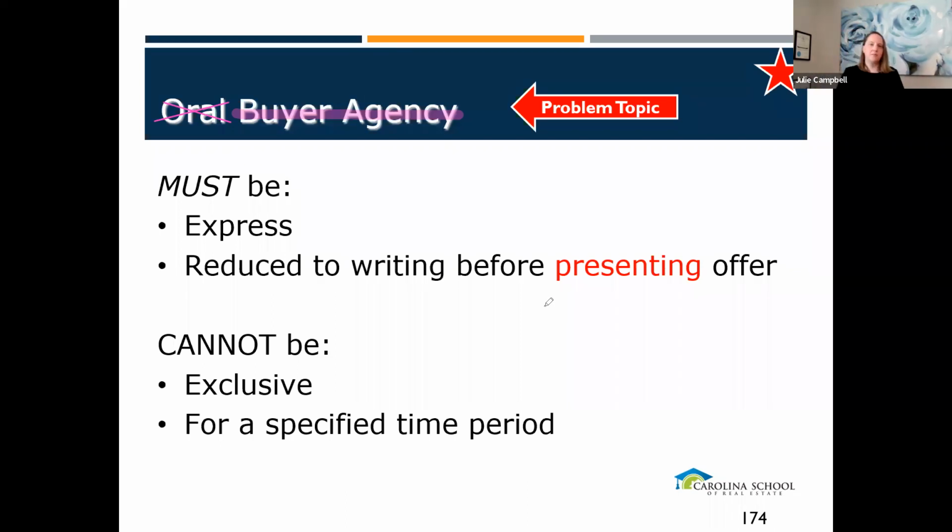Why don't you guys remind me in the chat, when a consumer hires me, what do I owe them? When a consumer hires me, we talked about several different duties, several different things. And when a consumer hires me, what do I owe them?